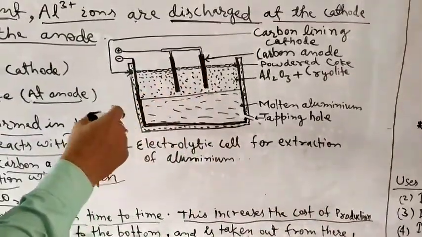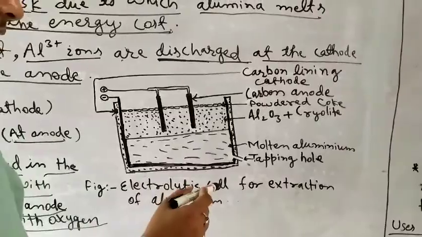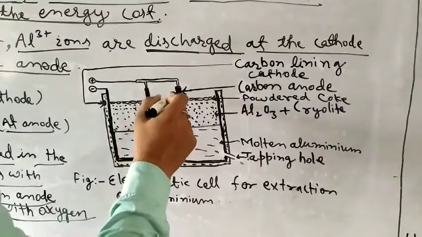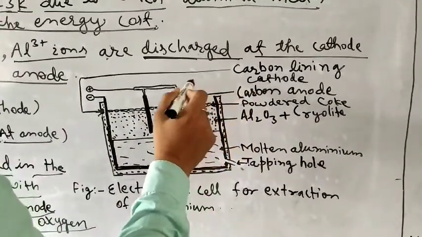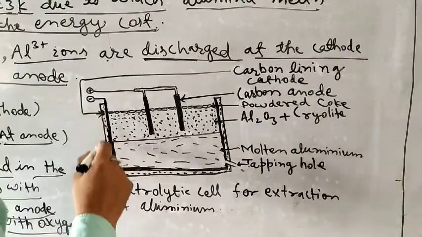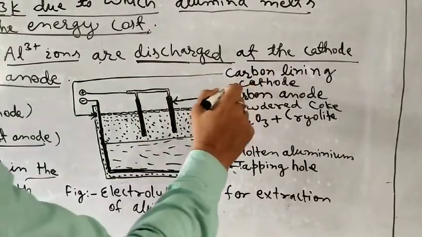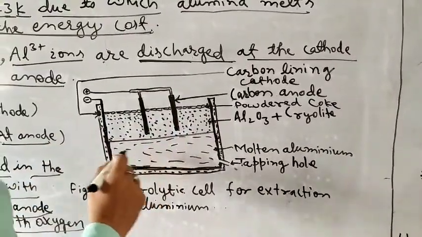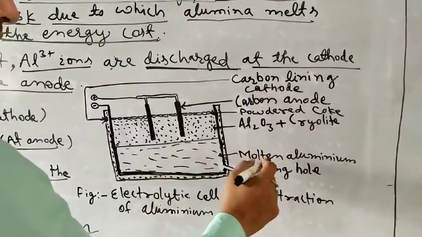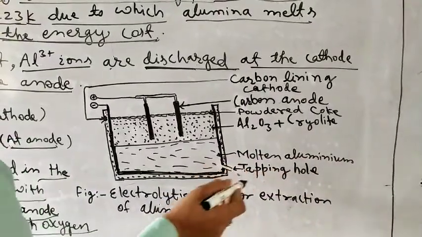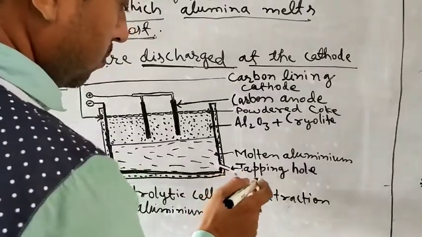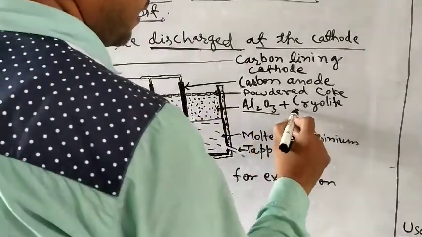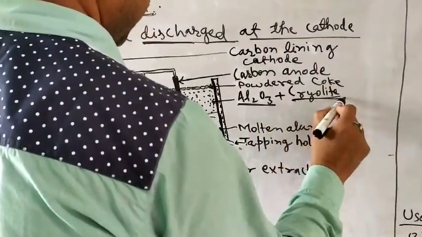This is the setup of the electrolytic cell for extraction of aluminium, in which we see the carbon anode, and this carbon lining is the cathode. There are 2 layers in this electrochemical cell. The first layer at the bottom is molten aluminium that is tapped out from these tapping holes, and the upper layer consists of a fusion mixture of alumina and cryolite.